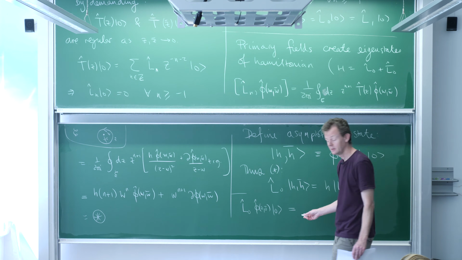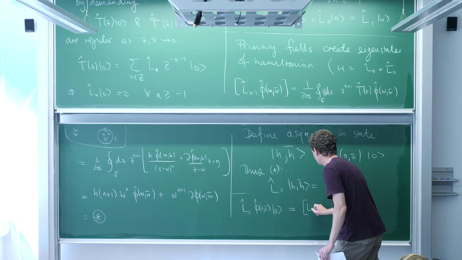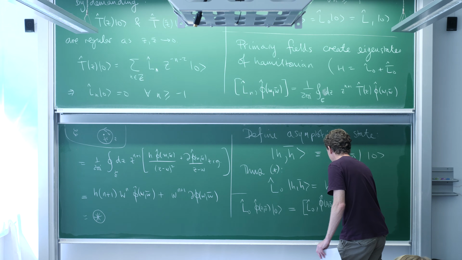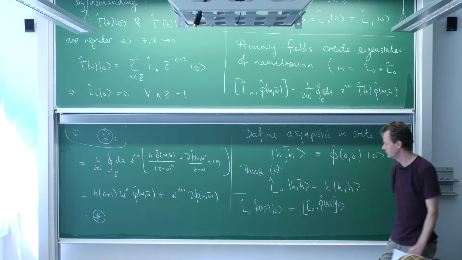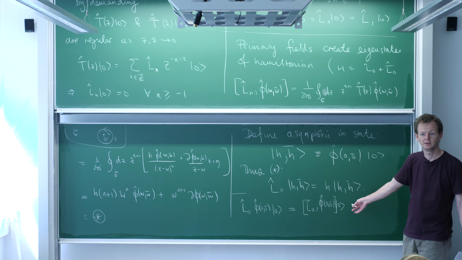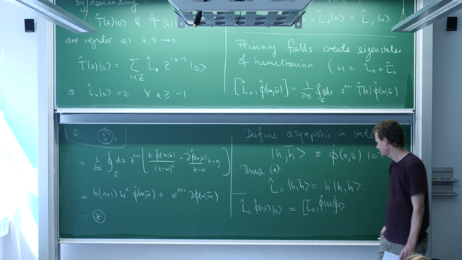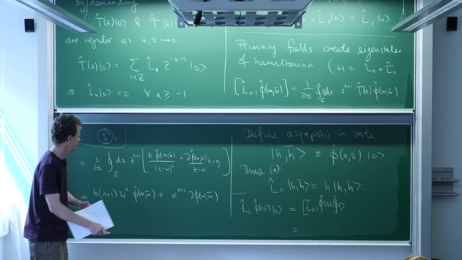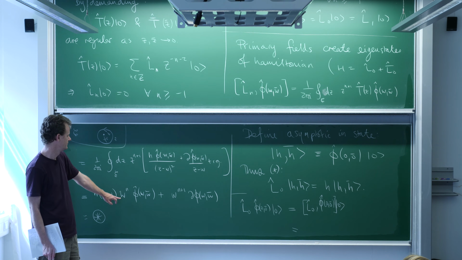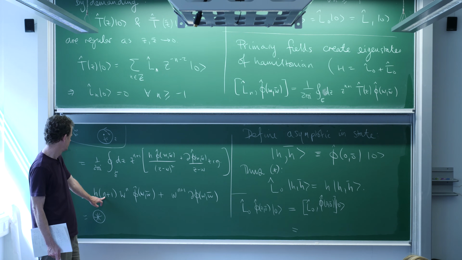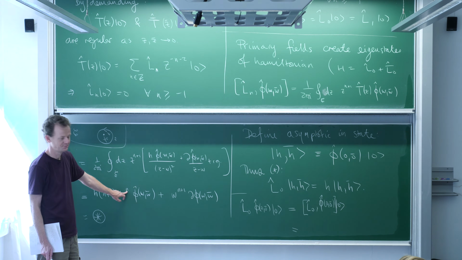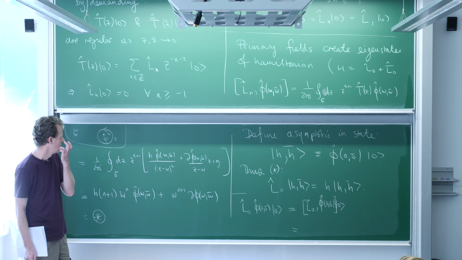So then we want to put a commutator there. And we can do that because L naught acts on the vacuum as 0 and annihilates the vacuum. And then we use star, and we set W to 0. It's very important that we have a 0 up here, otherwise things wouldn't work out. So W goes to 0.